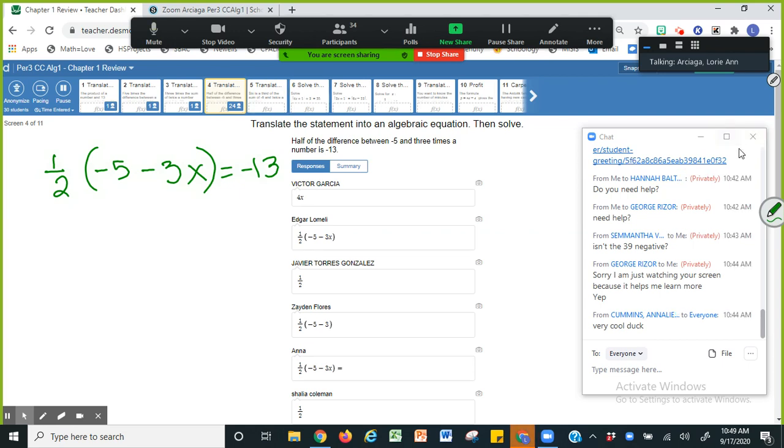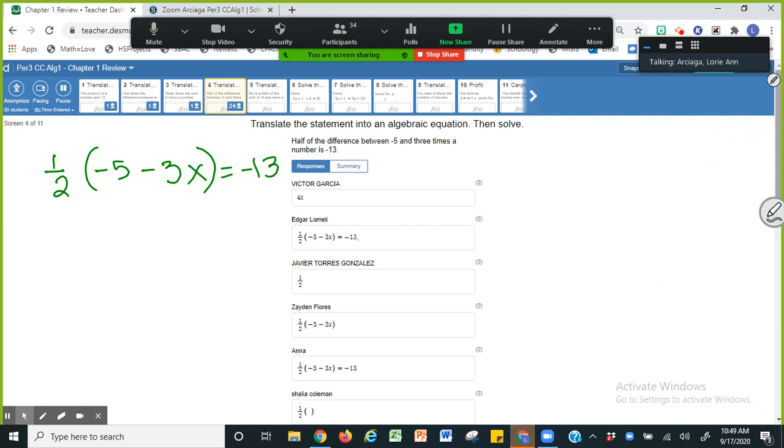All right. If you're typing, you can also write it as, let's see. Another way to type it is you go -5 minus 3x, and then you press the slash sign or divided by 2. They mean the same thing. There you go.